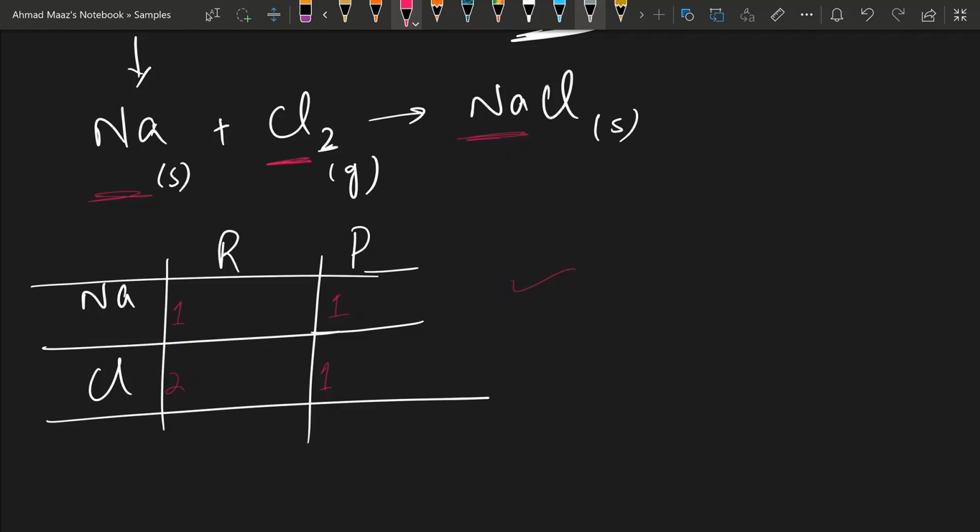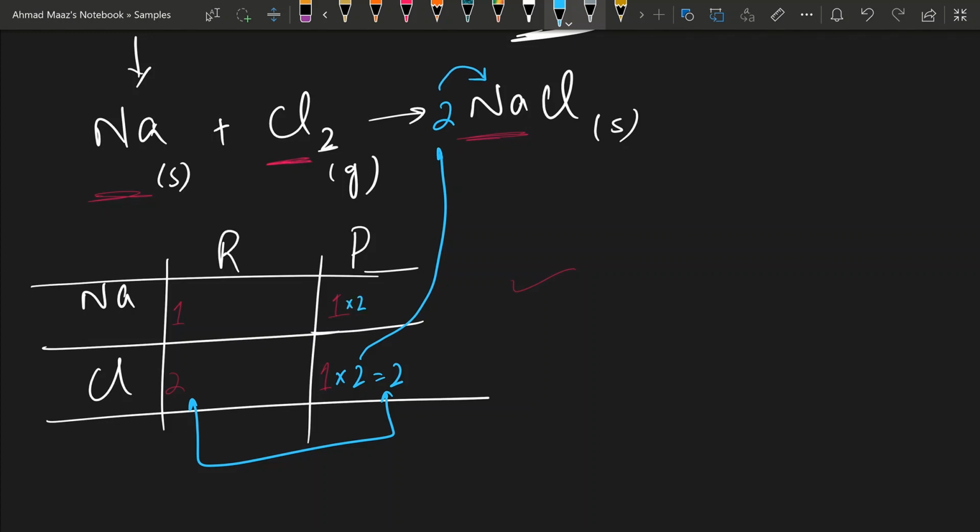How do we do that? We'll simply multiply this by 2 so that it becomes equal. 2 on the product side, 2 on the reactant side. Chlorine will be balanced. Because we have multiplied it by 2, we'll add a 2 over here. Alright, now the chlorines are balanced, but the problem is this 2 is also with sodium.